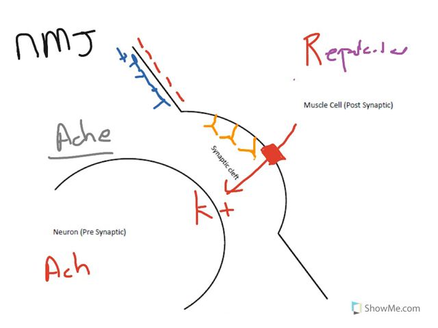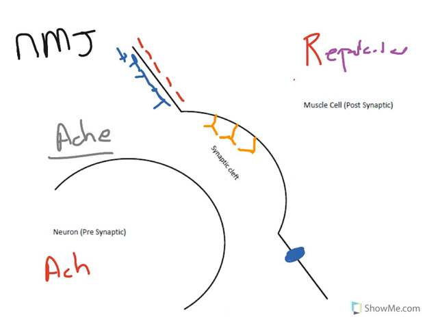Now, what then has to happen? The potassium leaves, the voltage drops, voltage-gated potassium channels close, then we end where we began.